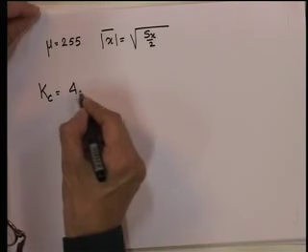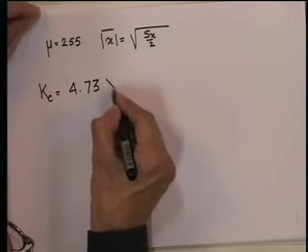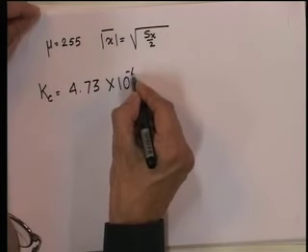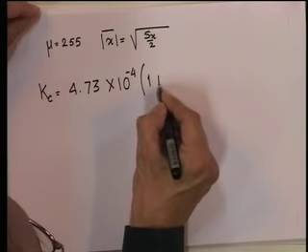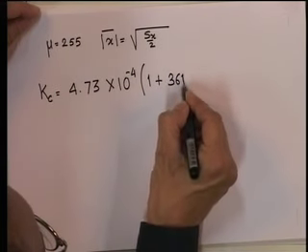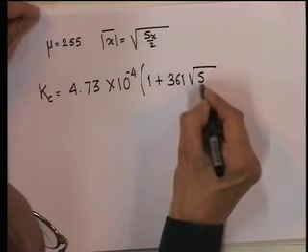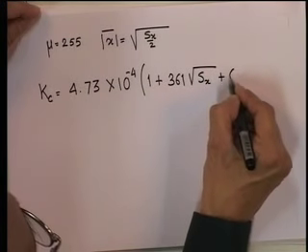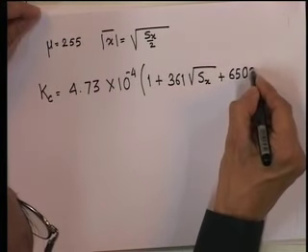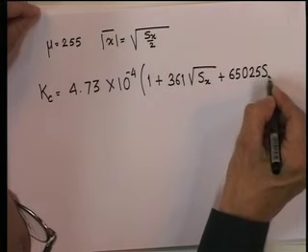equal to 4.73 multiplied by 10 raised to minus 4 times 1 plus 361 square root S x plus 65025 S x.